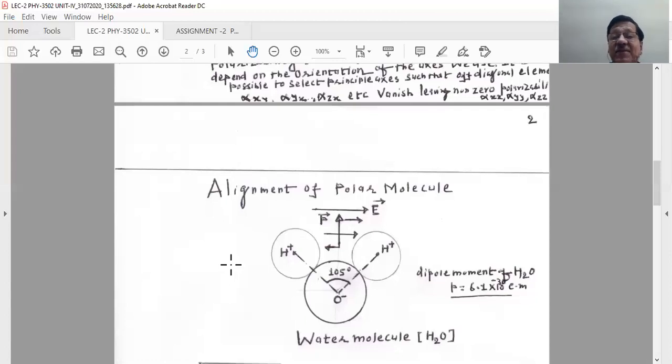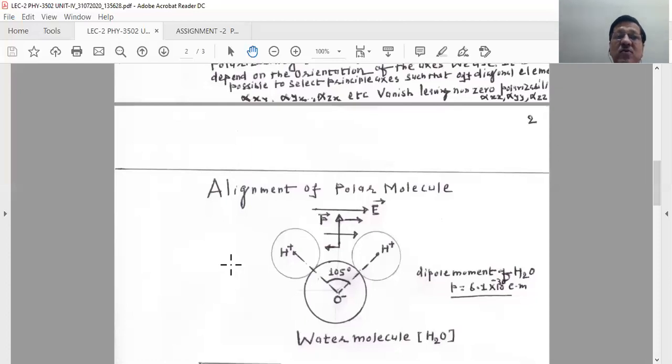Please understand this; it is very important for the physics of the molecule. So here I have explained two different types of molecule. I gave you the concept of polar molecules and the concept of non-polar molecules.